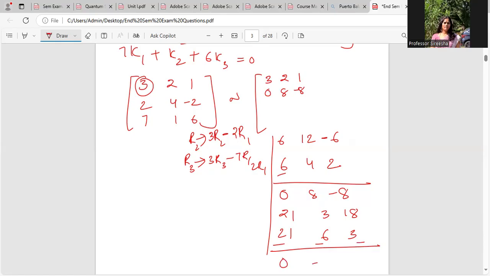This is 0. 3 minus 6 is minus 3. 18 minus 3 would be 15. So 0, minus 3 and 15 is what I will have. I hope there are no errors. The third row I have multiplied with 3: 3 7's 21, 3 1's 3, 3 6's 18. And then the first row I multiplied with 7: 7 3's 21, 7 2's is 14, I'm sorry, here it is 14, and 7 1's is 7. Okay, there's an error.